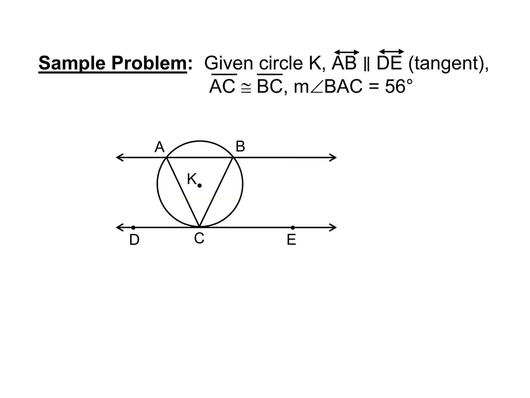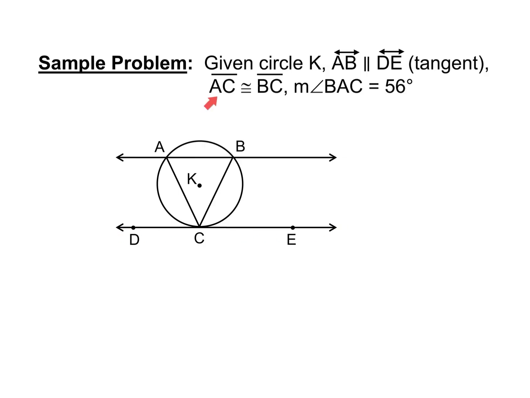Okay, we're going to look at one last example. So given circle K with AB parallel to DE, so these two lines are parallel, and we have a tangent here, which means it just touches this point here on the circle, but it's tangent.